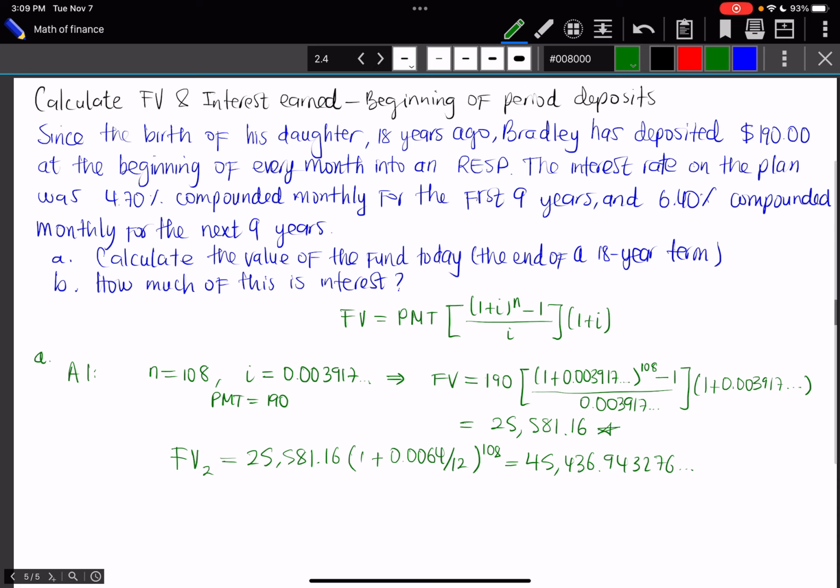We have $25,581.16, but then 9 more years have to pass, so we need to find the future value of that accumulated value at the end of the 18-year period. So we need to find the future value of $25,581.16 in the second part of the term, using the interest rate that applies to the second part of the term.